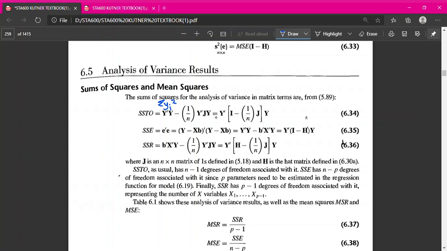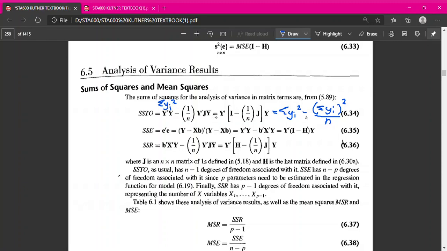So here SST, you know that it is the summation of yi square minus the summation of yi, all of that squared, divided by small n. Here, summation of yi square means you need to square the y first, then sum up; for this part, sum up the y, then you square.